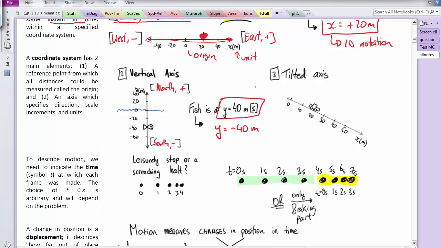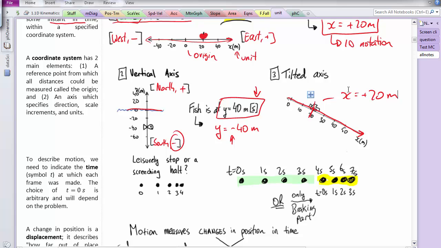Notice how we drop the south and we add a negative, because it's below, and so south and negative go hand in hand. We could also have a one-dimensional tilted axis. If we call this the x-axis and the car is over here, we could say that the position of this car is x is equal to plus 20 meters.